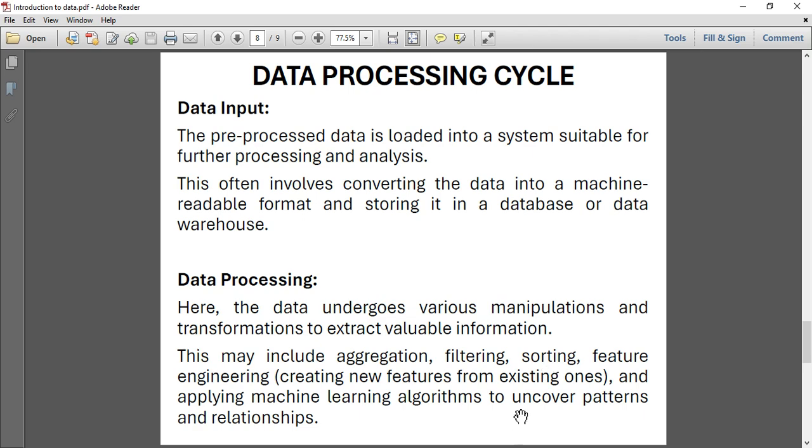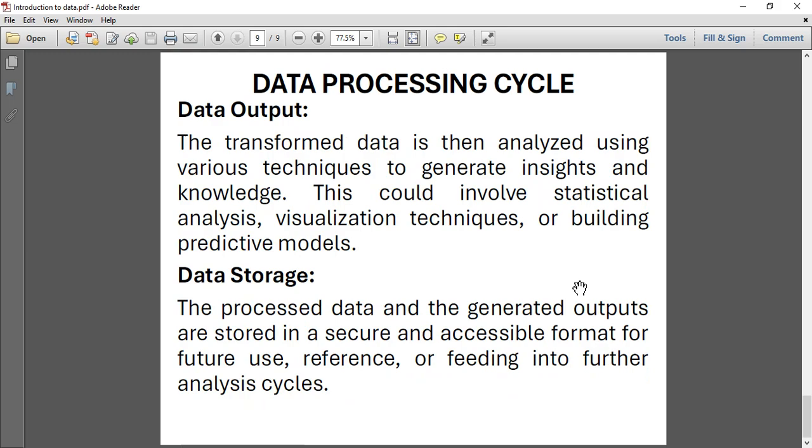You can look at the relationship between men and women in terms of their income. You can look at the relationship between the knowledge about HIV and AIDS and the level of education. That is data processing.